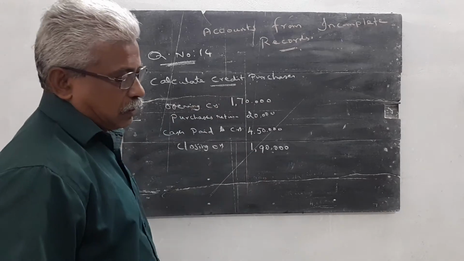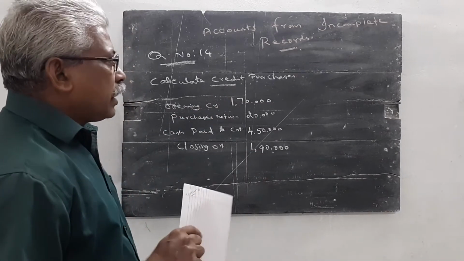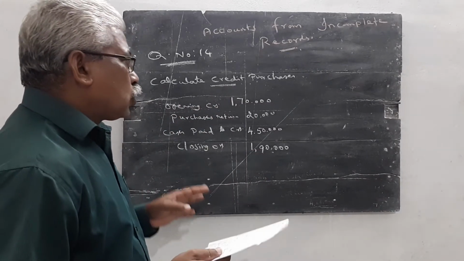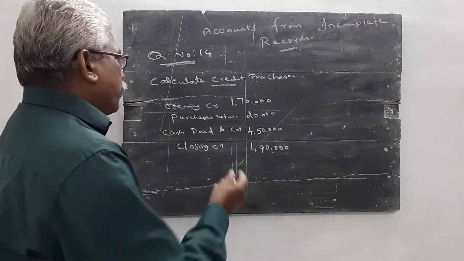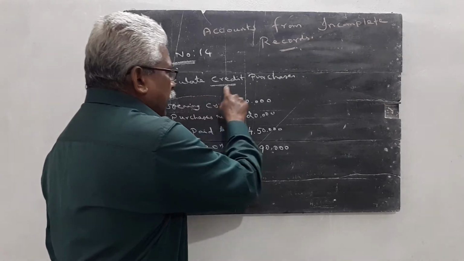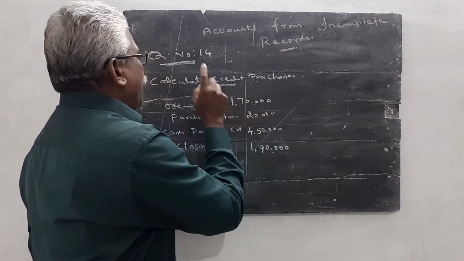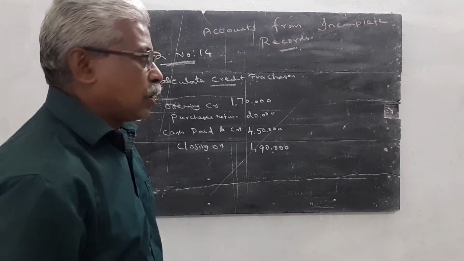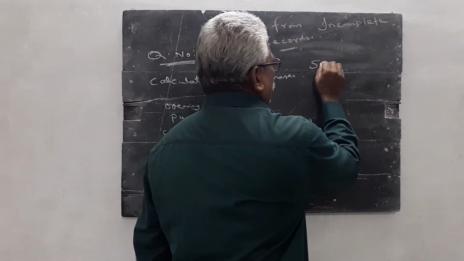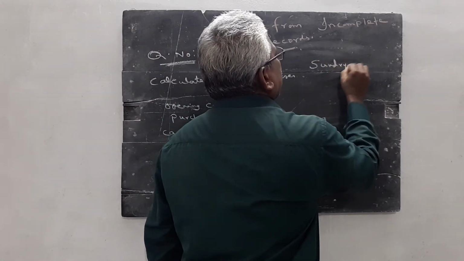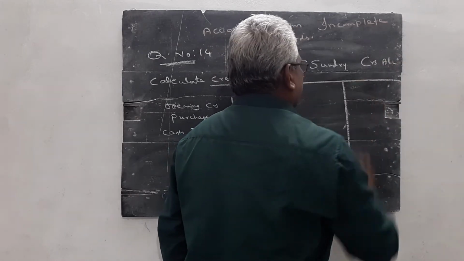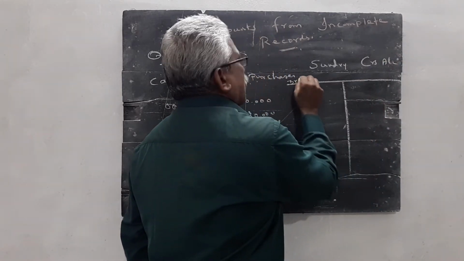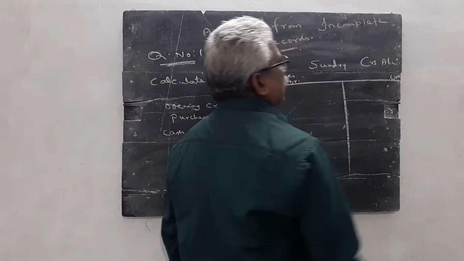If you are able to do the credit sales, we can easily understand how to prepare the credit purchases. When we calculate credit sales, we have to open sundry debtors account. When we calculate credit purchases, we prepare the sundry creditors account. This side is debit side, this side is credit.